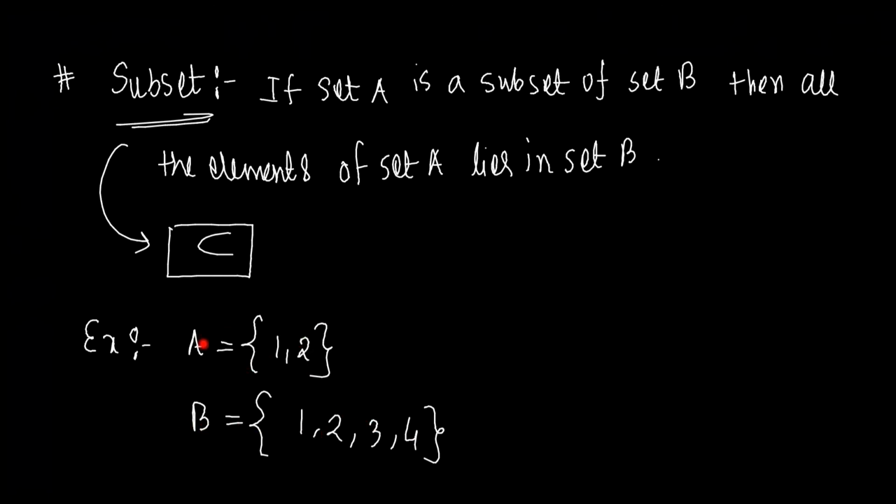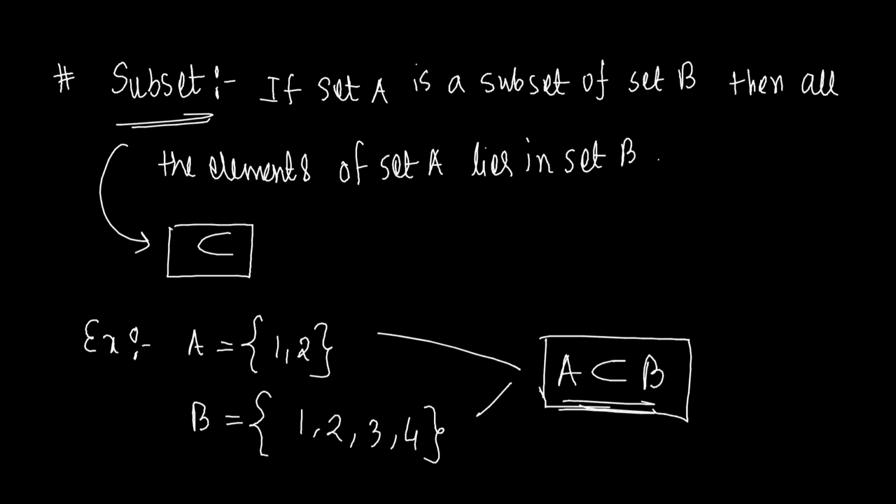Whatever elements are present inside A, all of them are present inside B. Here only 2 elements are present inside set A, but both of these elements are also present in set B. So all the elements of set A are present in set B. So here we will say that A is a subset of B. Okay, so this is the concept of subset.